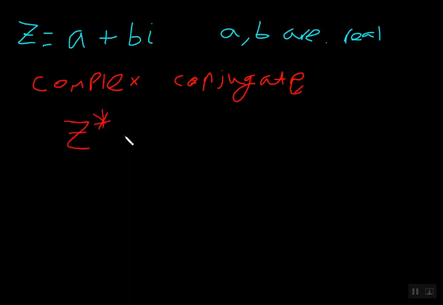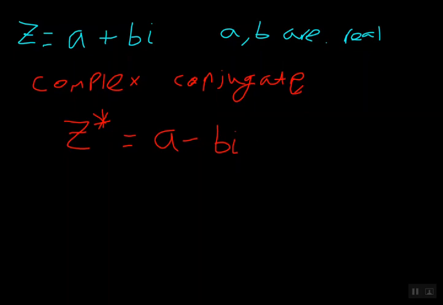And what are we going to do? The complex conjugate is defined by switching the sign on the imaginary part. So a minus bi. This is our definition of the complex conjugate. This might seem like a very random thing to define, but we're actually going to see it has a lot of different uses.